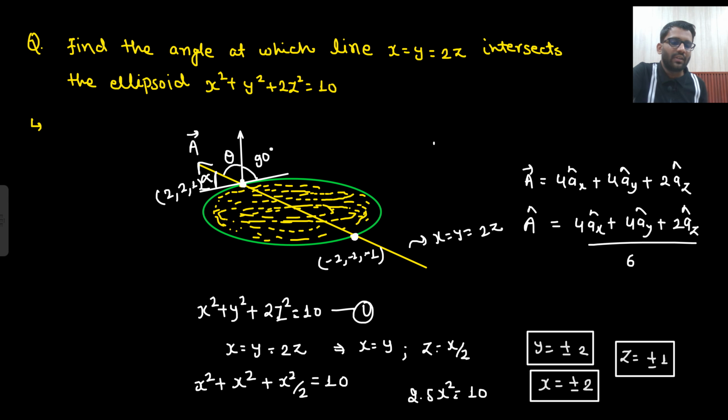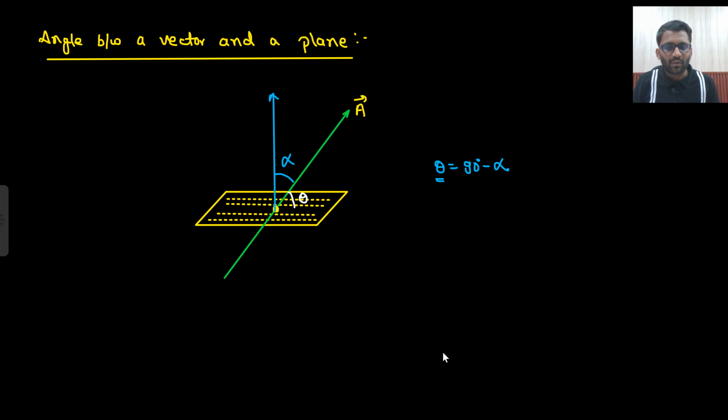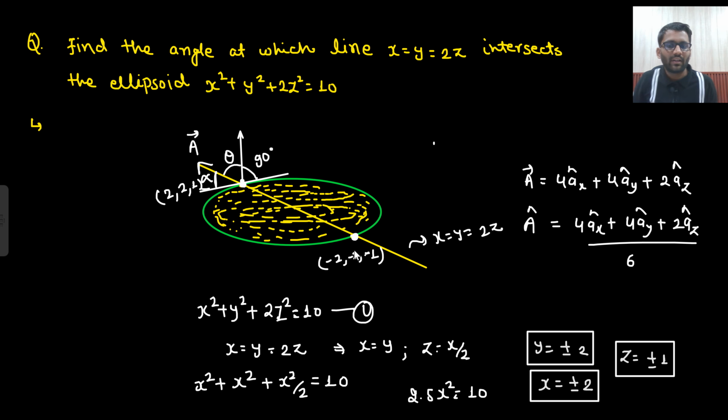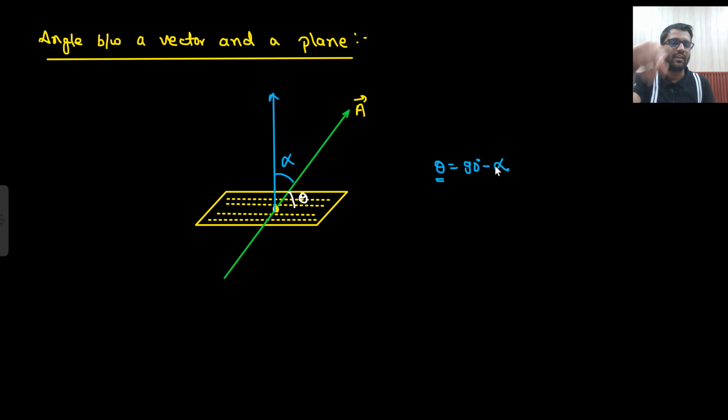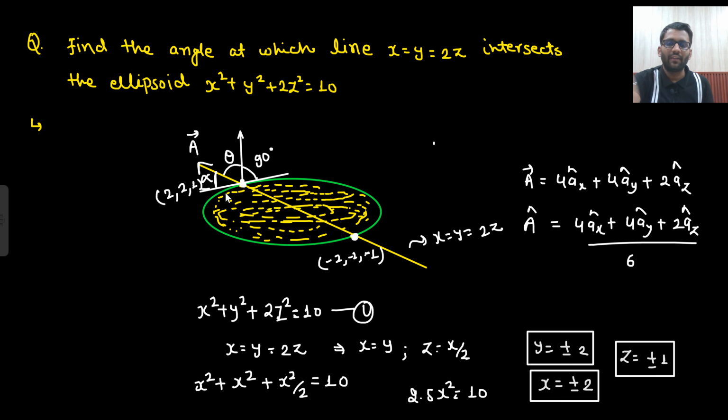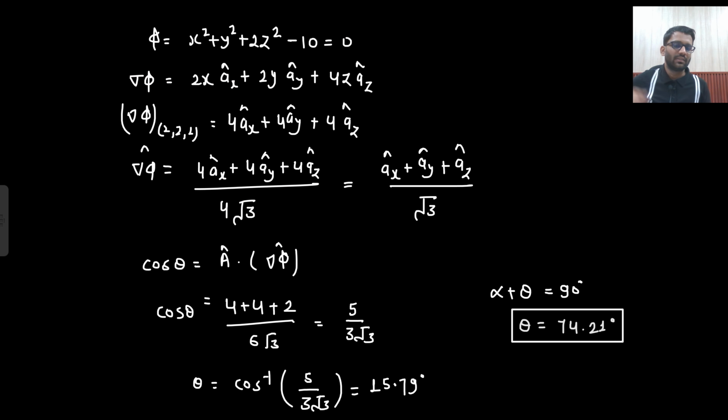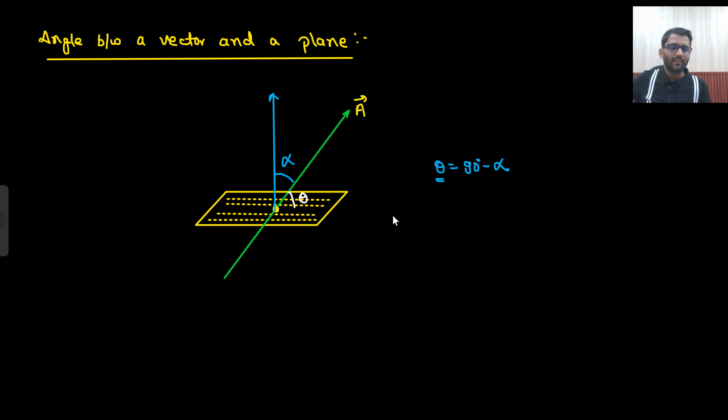Did you understand this point? You found this angle between the vector and the unit normal. This is the angle you found. Now you need this angle, alpha. What is your alpha? Sorry, I have taken it otherwise.